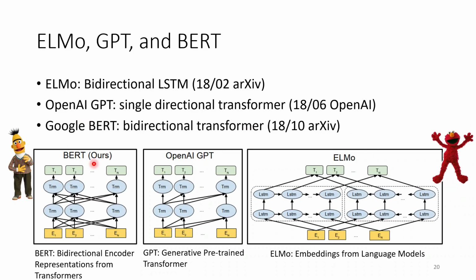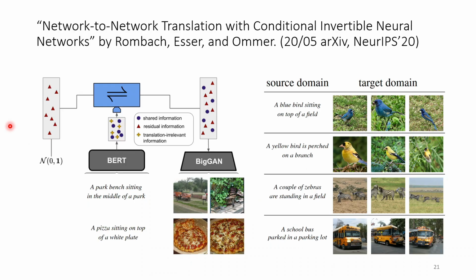Therefore, when they published the BERT paper, it happened again, another puppet from Sesame Street. So we often see the icon here. All right. So this is a paper published by Professor Omar's lab 2 years ago.